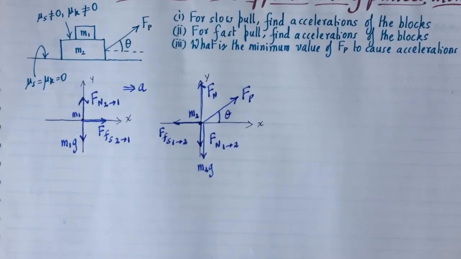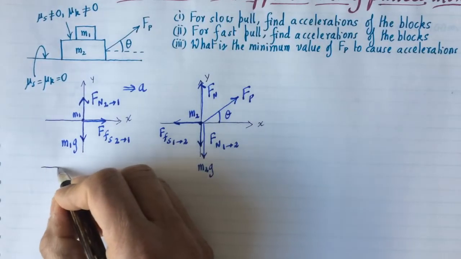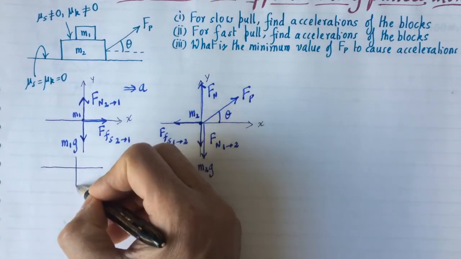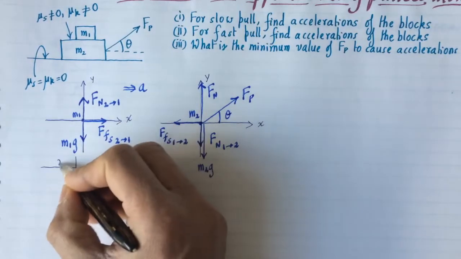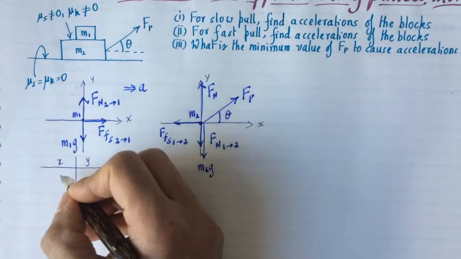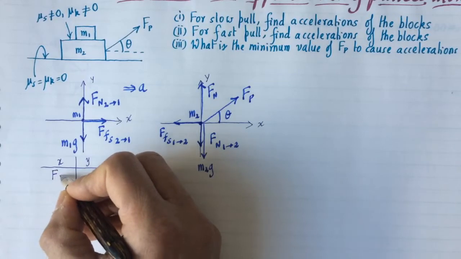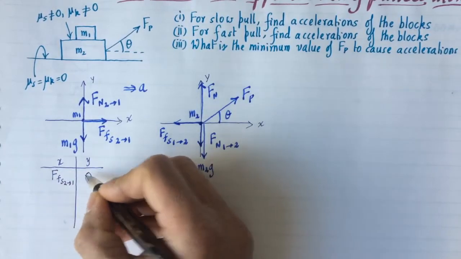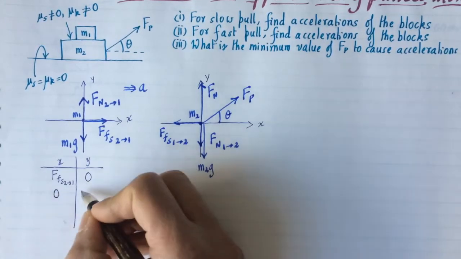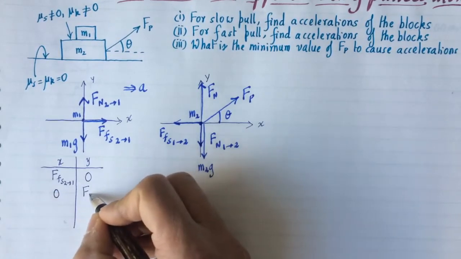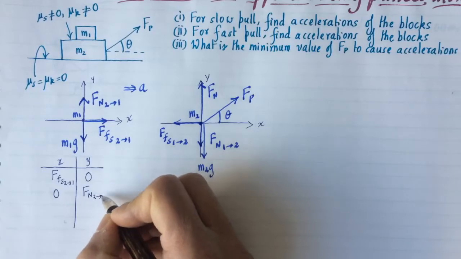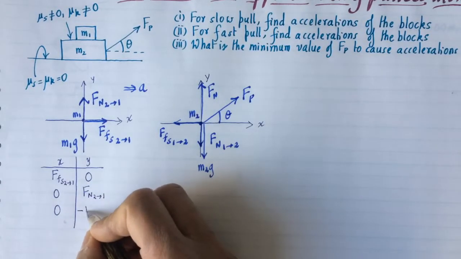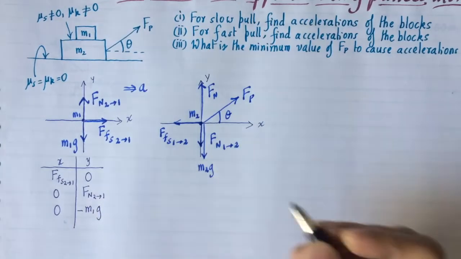Let's do that next. The force of friction acts in the positive x direction. The normal force acts in the positive y direction, and gravity in the negative y direction for block 1.